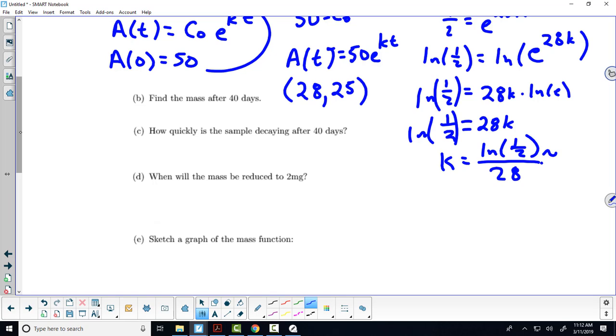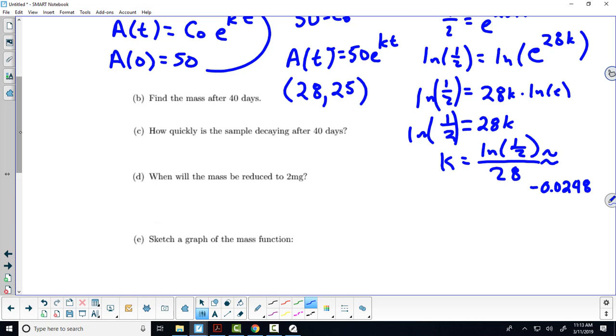Would somebody with a calculator give me a decimal approximation on that k value? So it's approximately negative 0.02475.